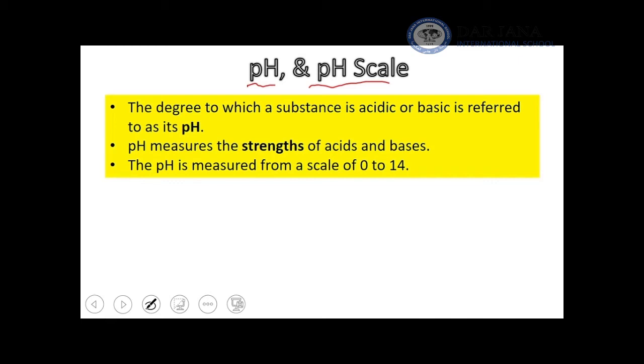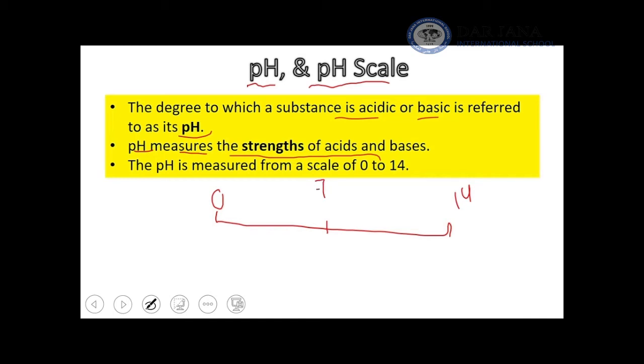The degree to which a substance is acidic or basic is referred to as its pH. And pH measures the strength of acids and bases, and it goes from 0 to 14. So let me find first the midpoint at 7.